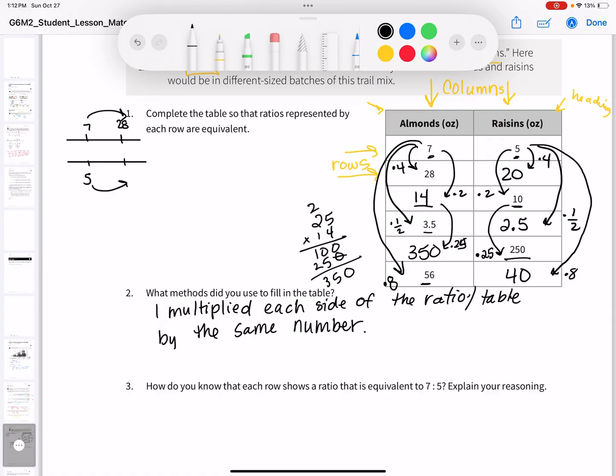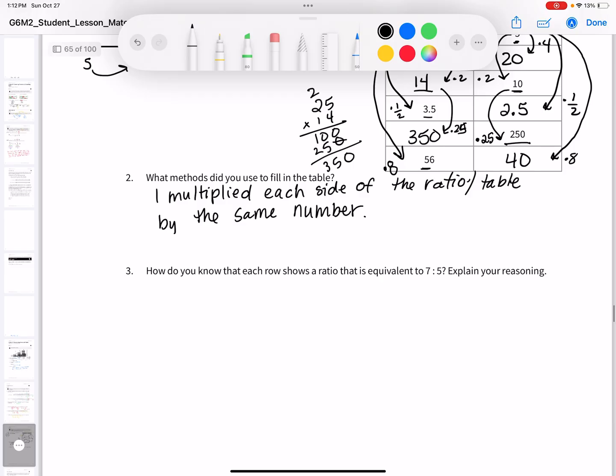How did you know that each row shows a ratio that is equivalent to 7 to 5? Because I multiplied 7 and 5 by the same number. And so when I did that, each row has a value of a ratio equivalent to the original one, that 7 to 5.